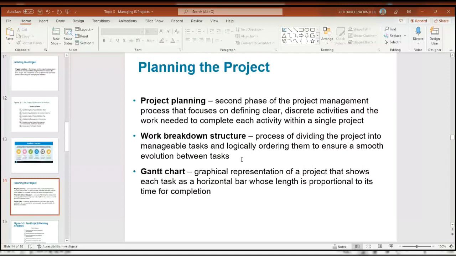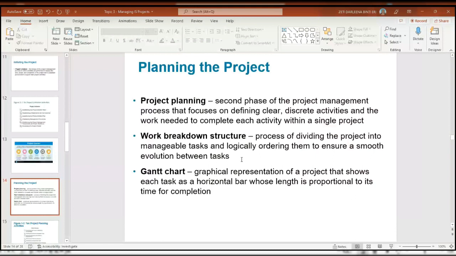Susunkan dia. Okay. Dan Gantt chart is basically the graphical representations of a project that shows each task as a horizontal bar whose length is proportional to its time for completion.